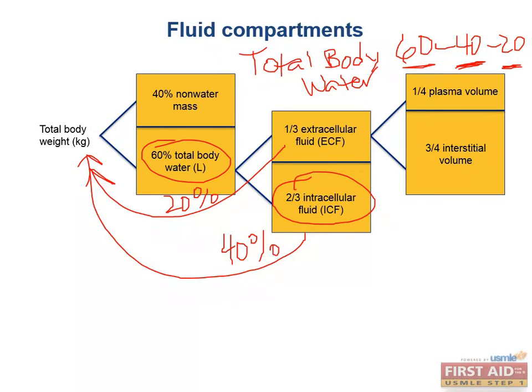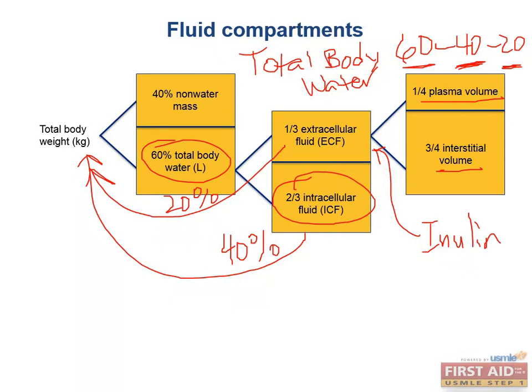Now, the volume of the extracellular fluid can be measured by inulin. And we'll see some of the benefits of that later. But inulin can move in and out of the vasculature because it's not taken up by cells. So therefore, the inulin remains in the extracellular fluid. And the extracellular fluid can be further divided into two compartments. The plasma volume, which makes up 1/4 of the extracellular volume, and interstitial volume, which makes up 3/4 of the extracellular volume.